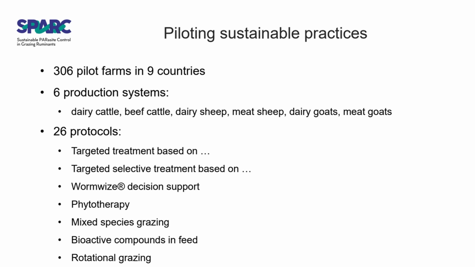So a protocol can be, for instance, targeting anthelmintic treatments based on different parameters: targeted selective treatment, so selecting individual animals within the herd or within the flock for treatment, also based on the parameters that are locally suited.